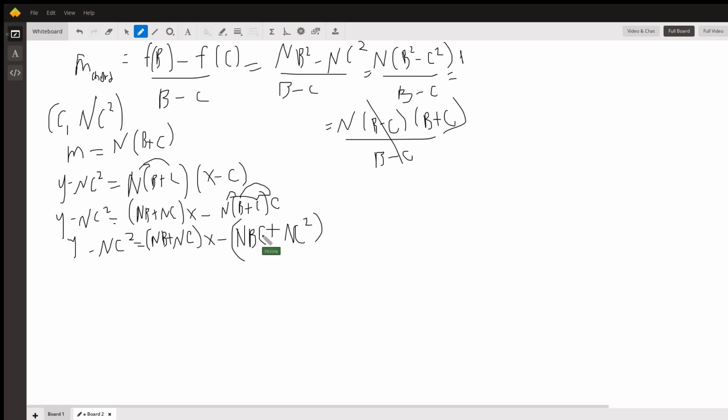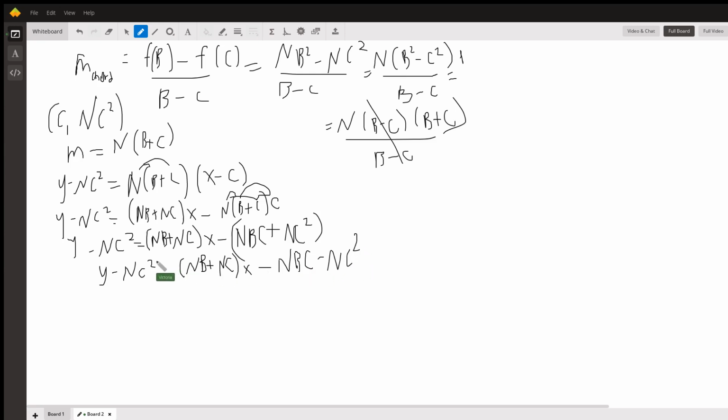So distribute the minus sign over here and get y minus nc squared equals, this is the slope, times x, then minus nbc minus nc squared.